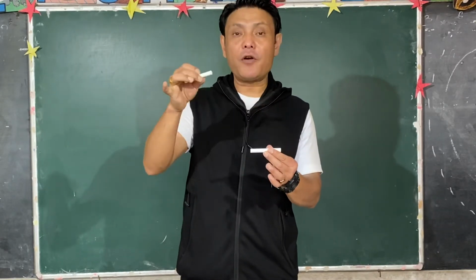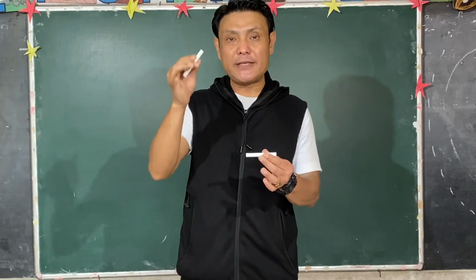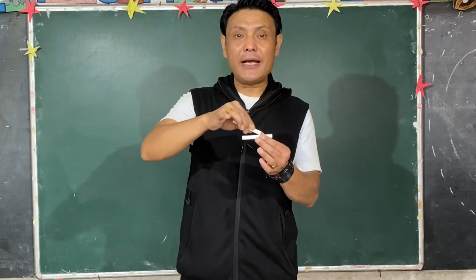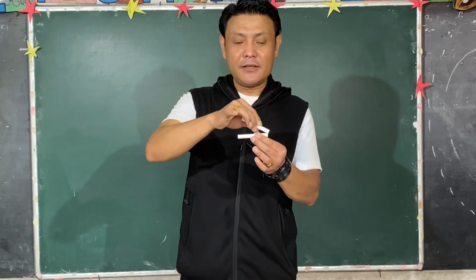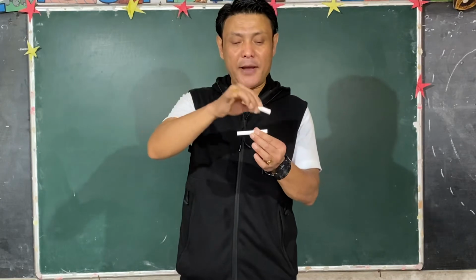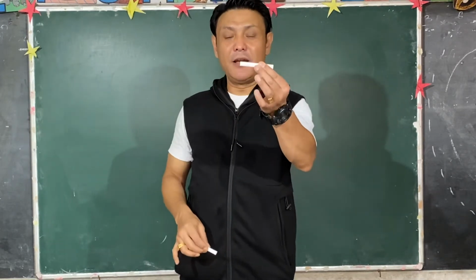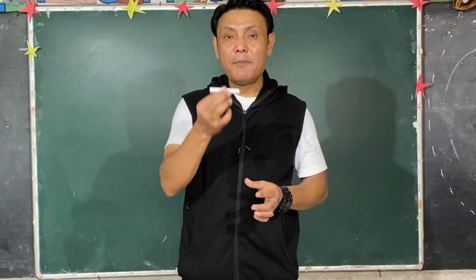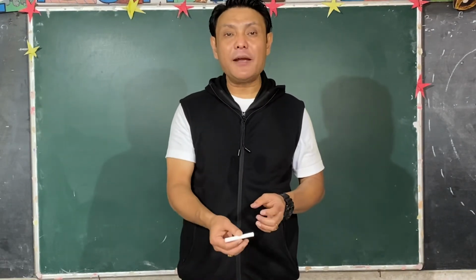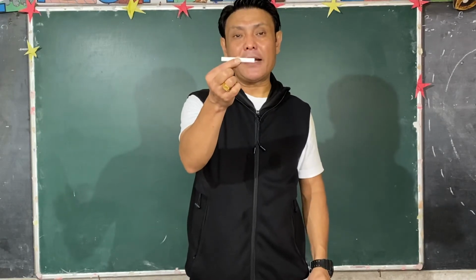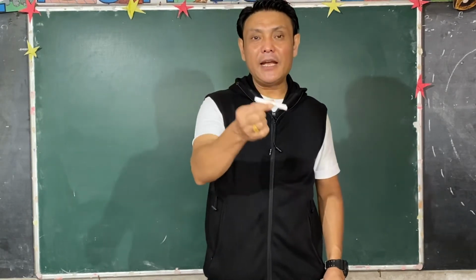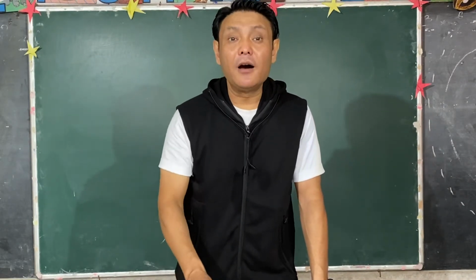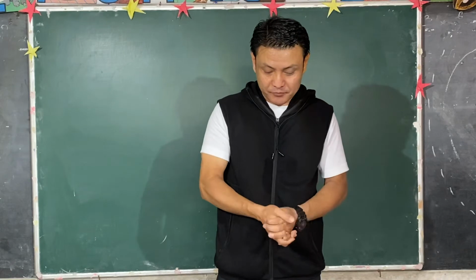We take one of the poles, North Pole or South Pole, and rub it in one direction, like this. After several rubbings, this piece of iron becomes a magnet, and you can easily demagnetize it by dropping it several times or by heating it. So magnetizing of iron is also a reversible change.